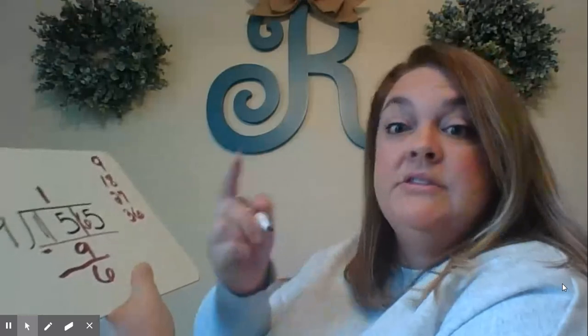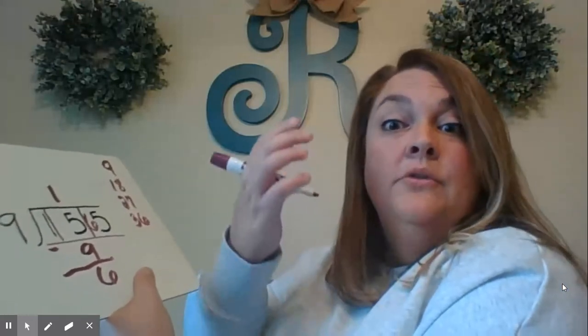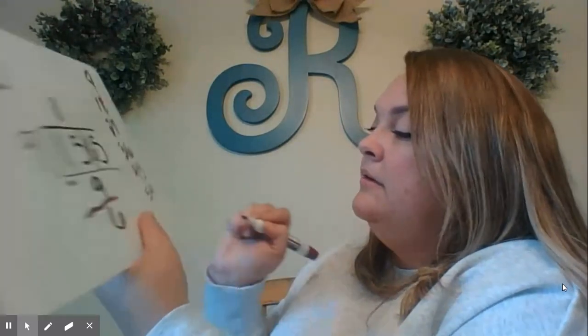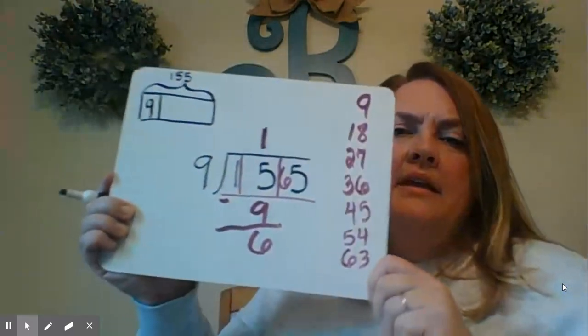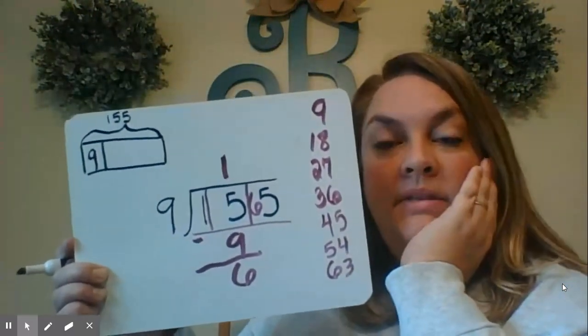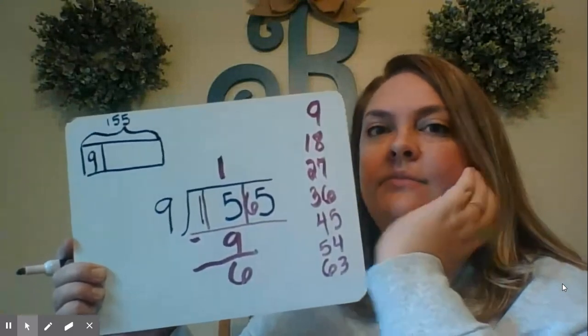Stay with me. 45. 9 more than that would be 54. 63. I probably can't go any further than that, can I? And remember, if you leave this on your paper and there's another problem with 9 as a divisor, you can just use it later. Beautiful trick.